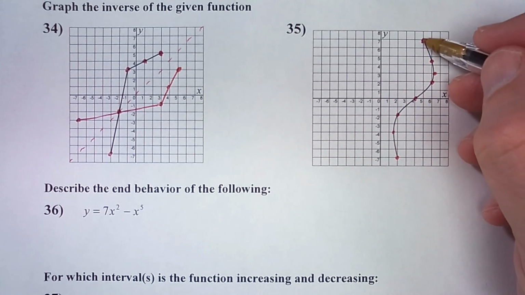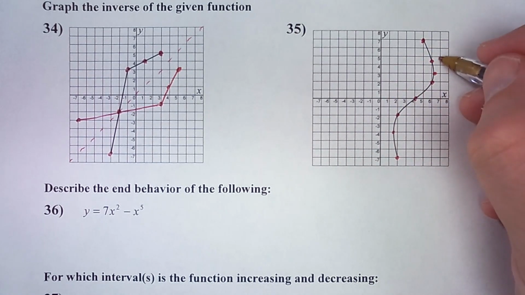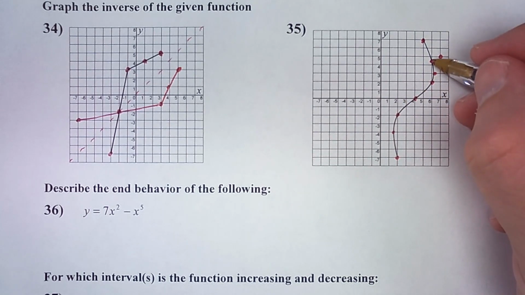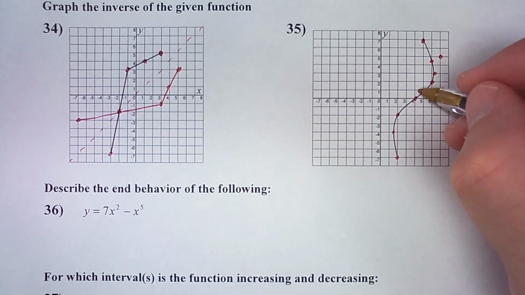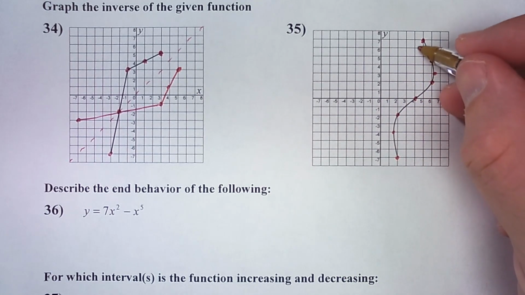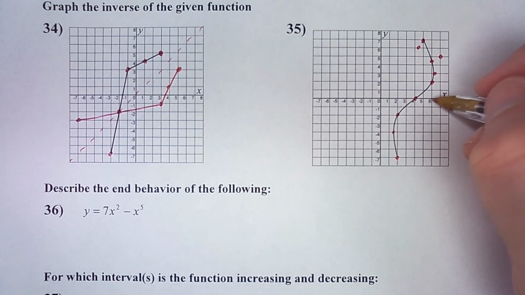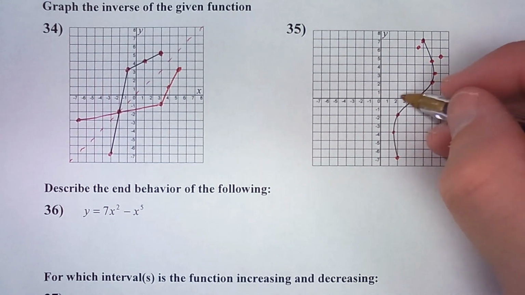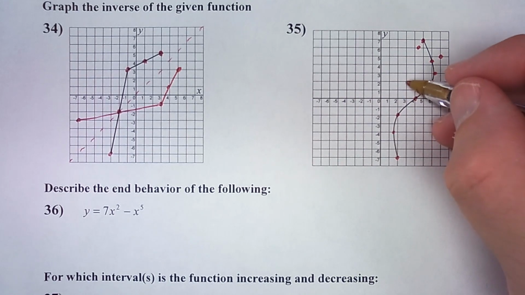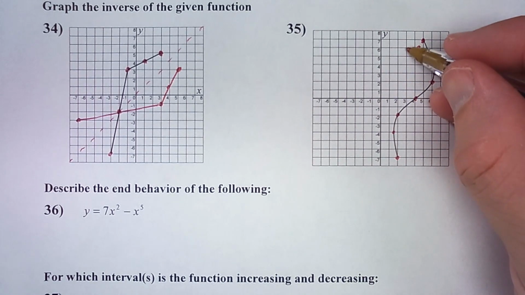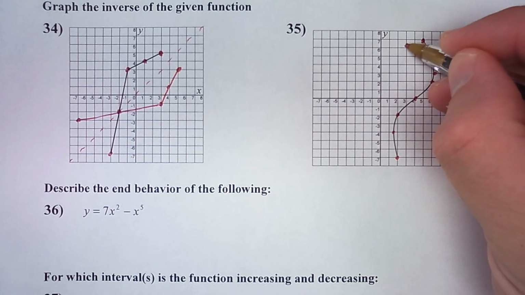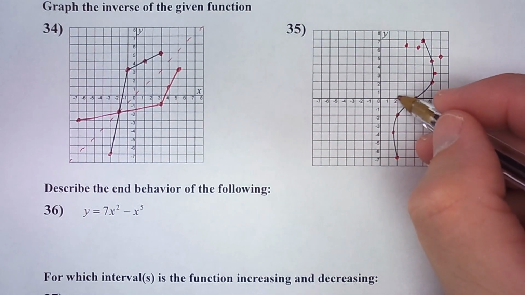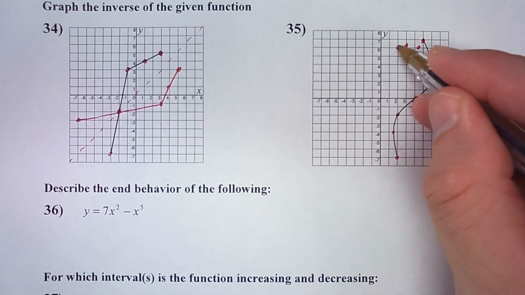So I have 5, 7, that becomes 7, 5. 6, 4.5 becomes 4.5, 6. Then 6 and maybe a 6 1/4, 3 becomes 3, 6 1/4. Then I have 6, 2 becomes 2, 6.